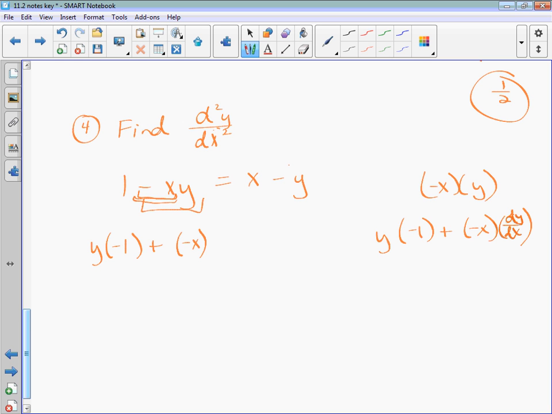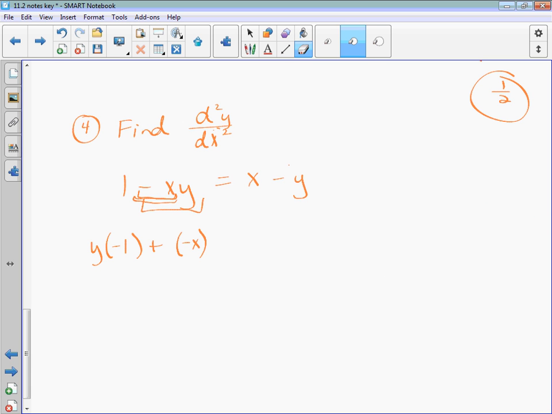Okay? Derivative of y. Yeah, so think about that, guys. Why is it dy/dx? It's 1 dy. Yes, because it's 1 and then times dy/dx. So dy/dx. And then the other side, what's the derivative of x? 1 minus. Yes.